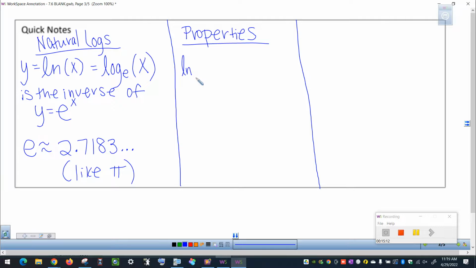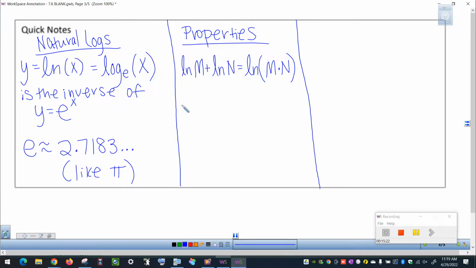So if you have ln of something plus the ln of something else, we can combine them together by taking the ln of their product, meaning we're going to multiply together the m and the n. So when we see addition, this is the one where it turns into multiplication.